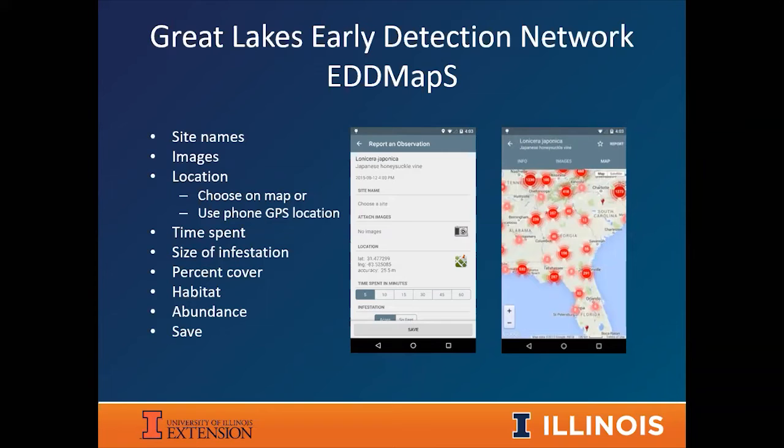You put in your location either using the internal GPS of your device, or you can choose this location on a map if you're no longer in that spot. It'll ask you for other information, such as the time you spent there, size of the infestation, percent cover, and so on.